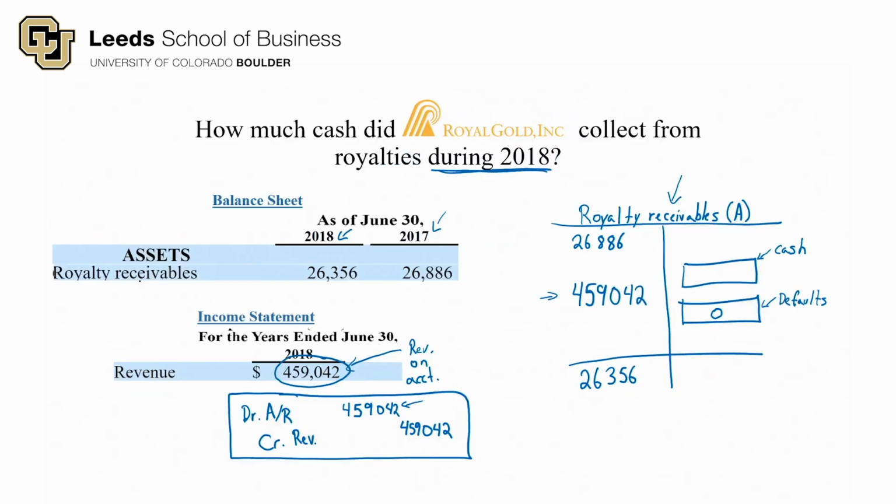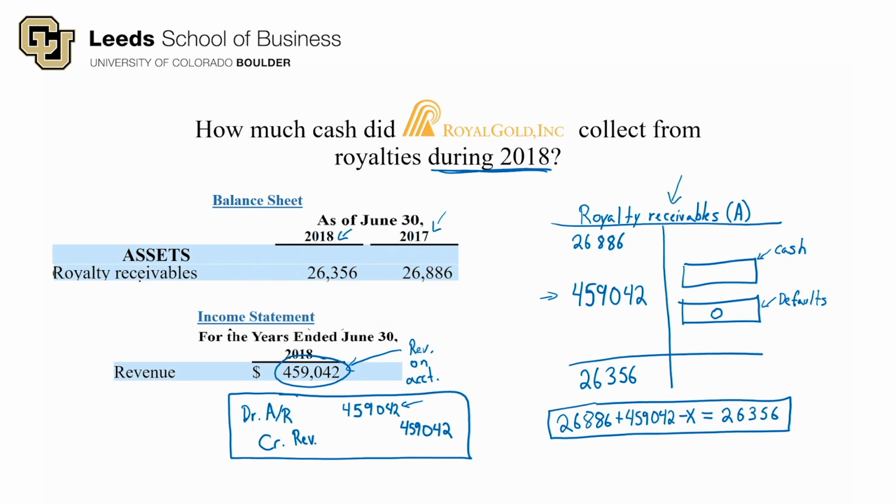So what we would do is we'll take 26,886 plus 459,042 minus x equals 26,356. And so that is the equation implied by this T account.